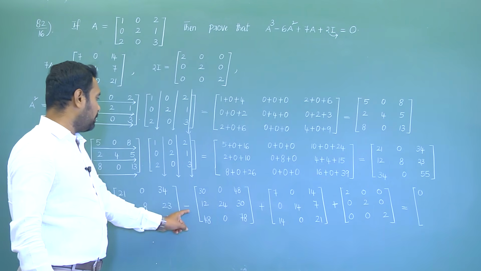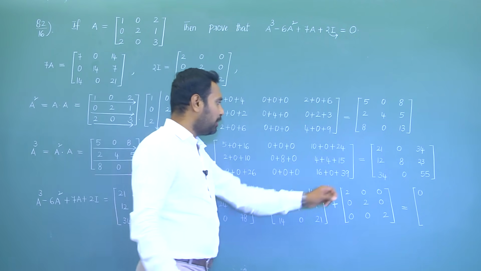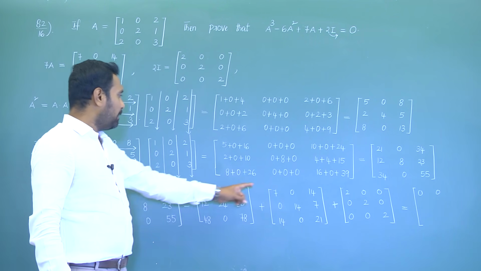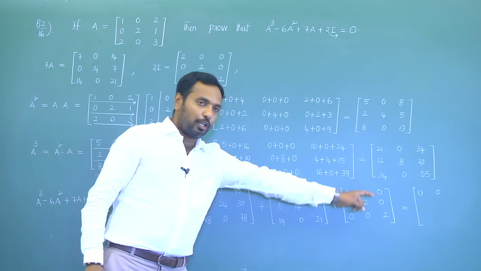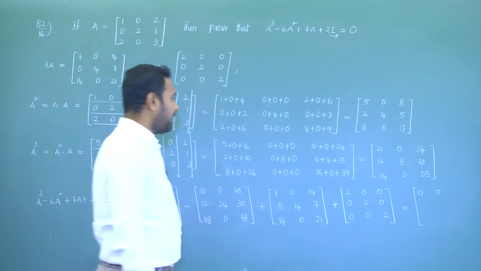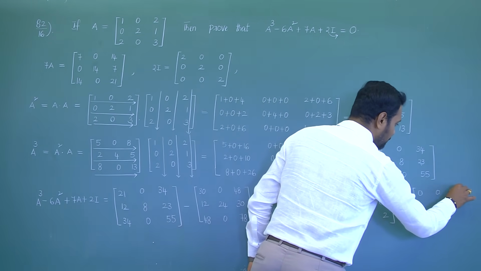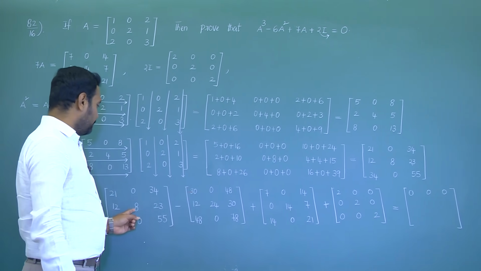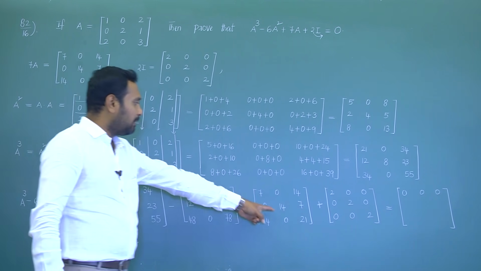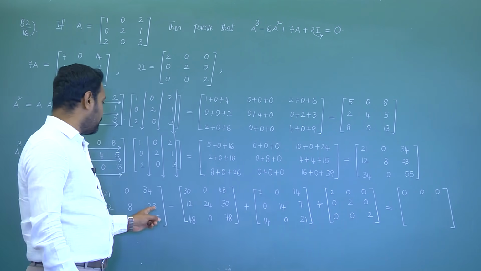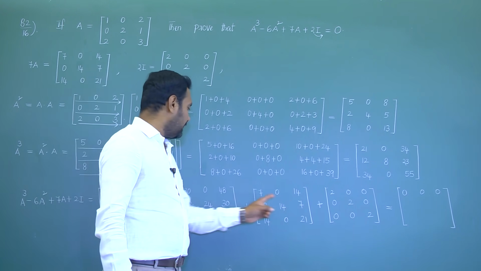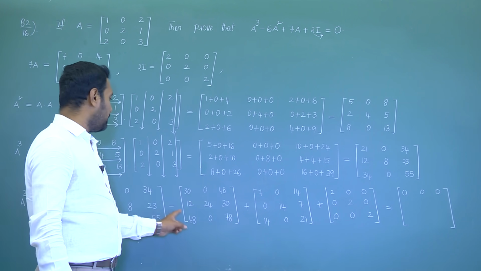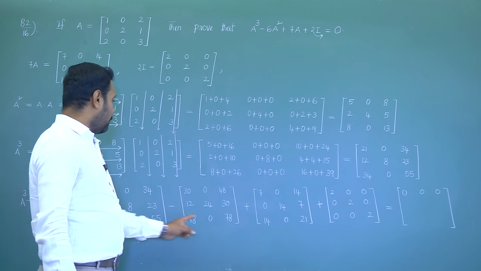Next, 0 minus 0 plus 0 plus 0, 0. 34 plus 14 plus 0, 48 minus 48, its value also becomes 0. So 12 minus 12, 0, 8 plus 14 plus 2 minus 24, 0, 23 plus 7, 30 minus 30, 0, 34 plus 14, 48 minus 48, 0, all zeros.